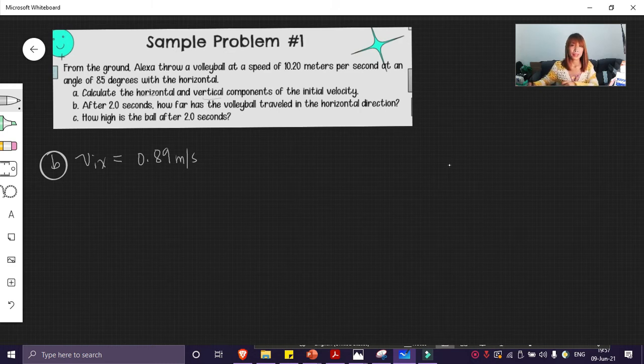Okay? Then, the time is 2.0 seconds. Then, we are required to find the horizontal displacement. Saan daw umabot yung ating volleyball after Alexa threw it. Hinahanap natin si horizontal displacement. Okay.